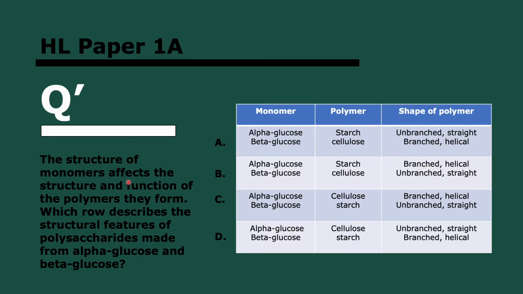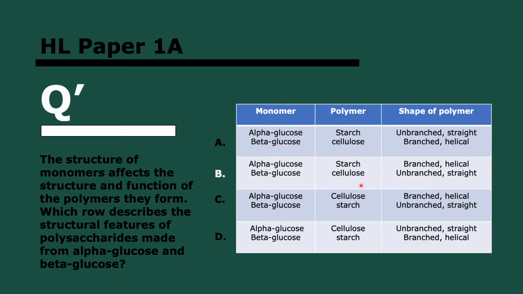Great. This one's long. The structure of monomers affects the structure and function of the polymers they form. Which row describes the structural features of polysaccharides made from alpha glucose and beta glucose? All right, this might take a bit longer to think about. So 3, 2, and 1, and it's B. Why? You should know that starch is made of alpha glucose, whereas cellulose is made of beta glucose.